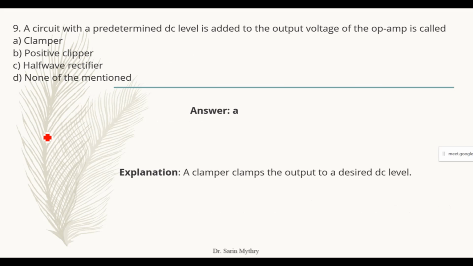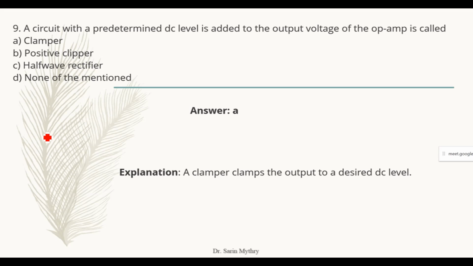Okay, the next one. A circuit with a predetermined DC level added to the output voltage of an op amp is called as what?